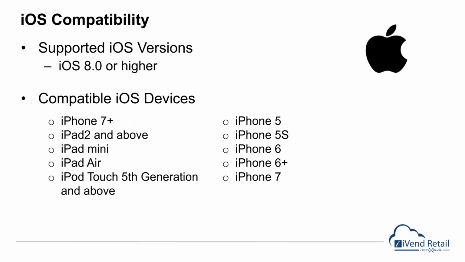Now, talking about compatibilities with both iOS and Android devices, we are right now compatible with iOS 8.0 or higher, and you see a list of the compatible iOS devices that we run on right now: iPhones, iPads, and iPods.